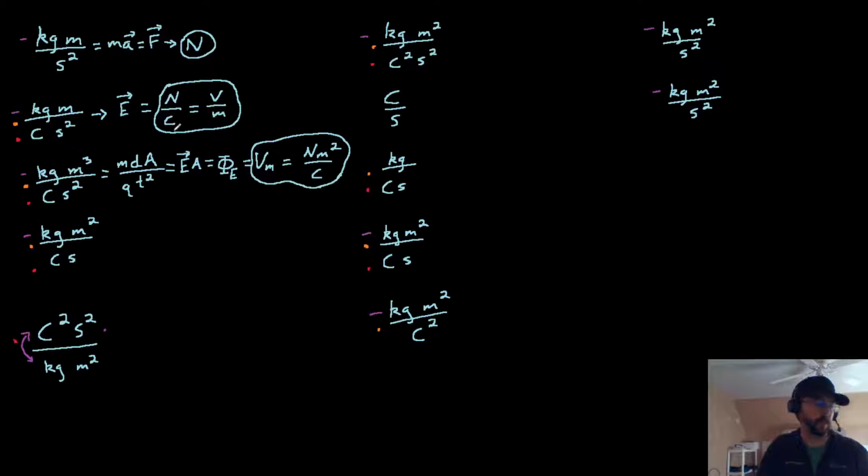And now you already see in the units the similarity in the relationship between these three quantities. Newton is mass times acceleration, which is force. The electric field is force per charge. And the electric flux is the electric field through a surface area, basically through an area.